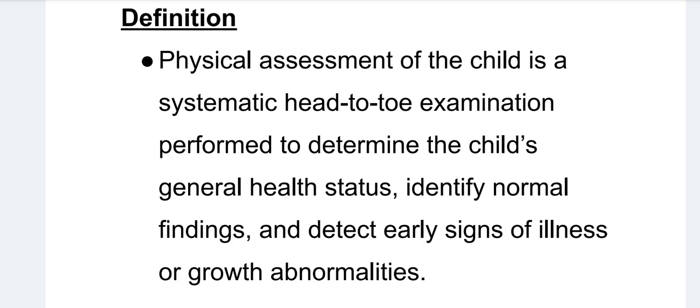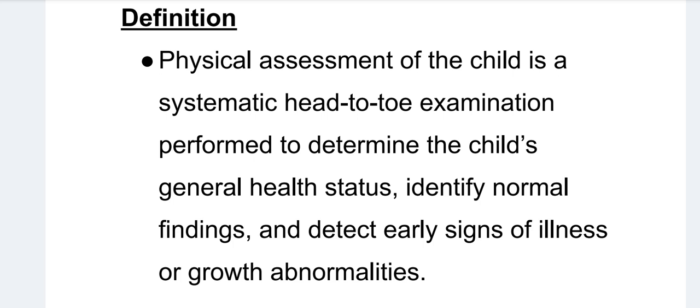By systematic, we mean that we follow things step by step. You are going to assess the child from the head to the toe. You want to determine the child's general health status, and you want to find abnormal as well as normal findings, or detect any sign of illness or growth abnormalities, as you can see.